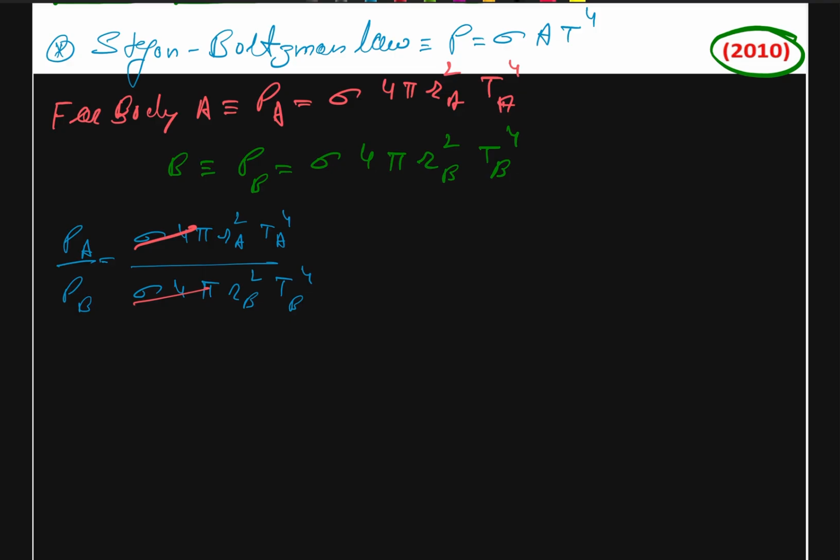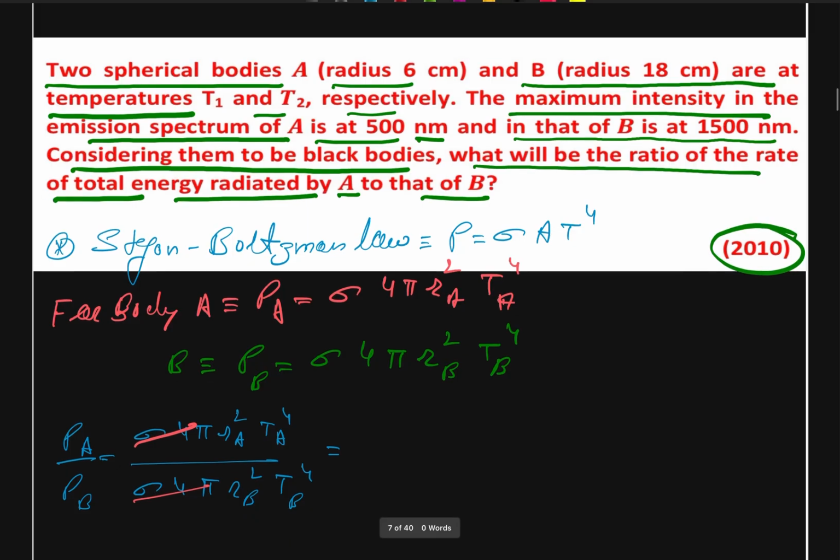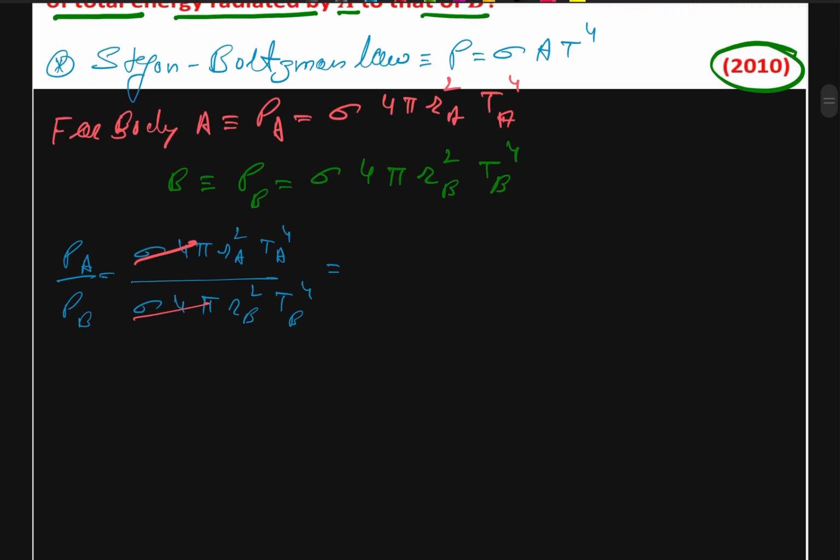These two terms cancel out, and the radius is given as 6 as well as 18 centimeter. So this comes as 6 upon 18 whole raised to power 2, and this is T_A upon T_B whole raised to power 4.